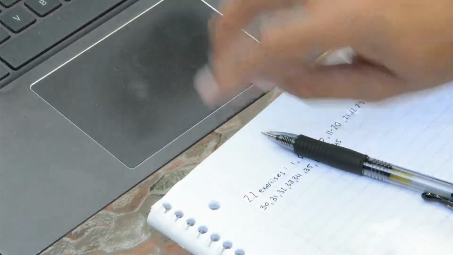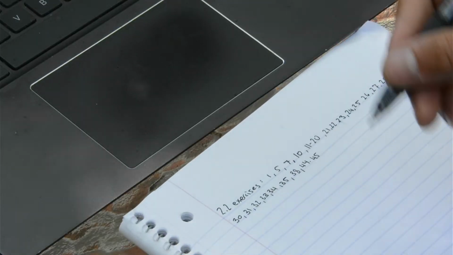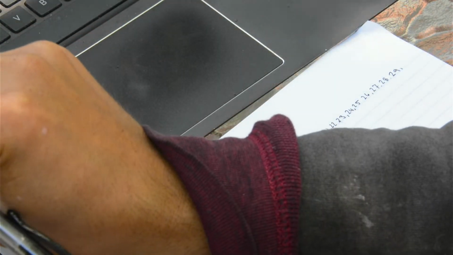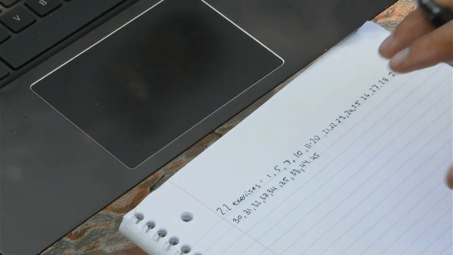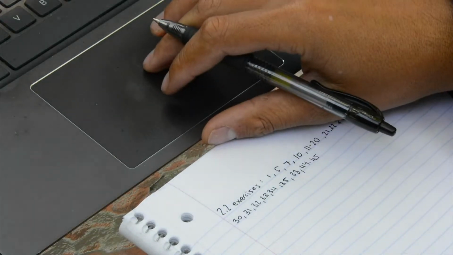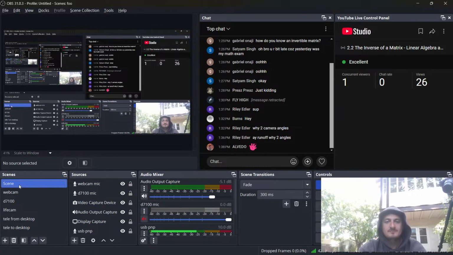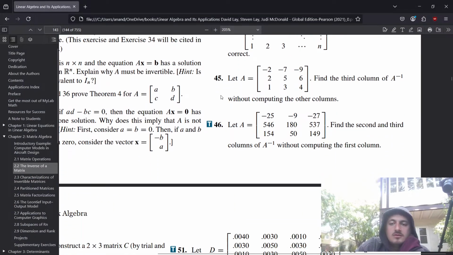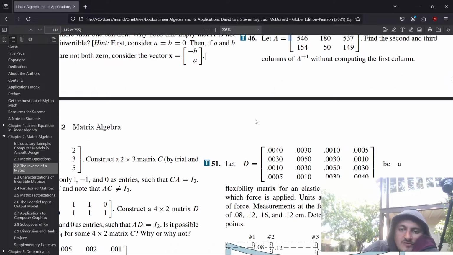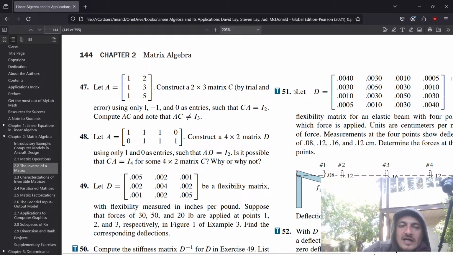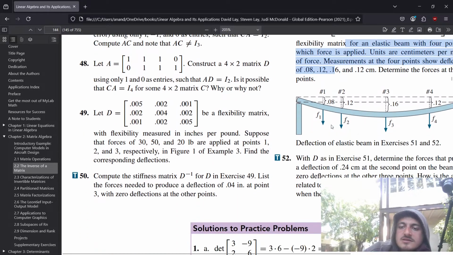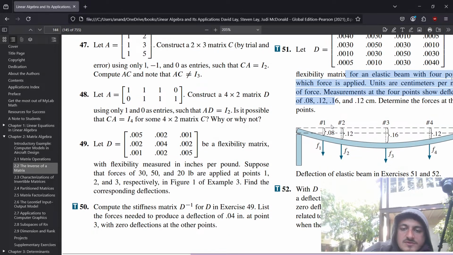When I start doing the problems in a minute, we can start doing the homework right here so that you can see what I'm working on. But for right now, we're just reading them. 45 seems cool. I totally want to do one of these. These applied problems are the best problems in the thing.